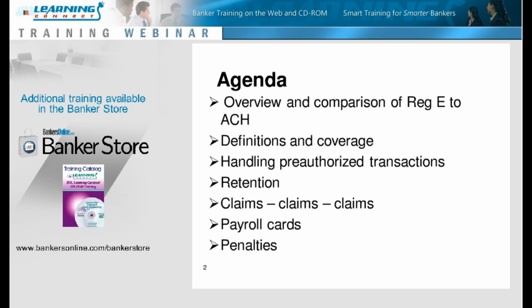Well, NACHA is the Electronic Payments Association, and it used to be called, and this is where they get their name from, the National Automated Clearinghouse Association, and it's an association of clearinghouse operators and of regional associations that are all geared up for promoting the use of automated clearinghouse transactions in order to complete payments.